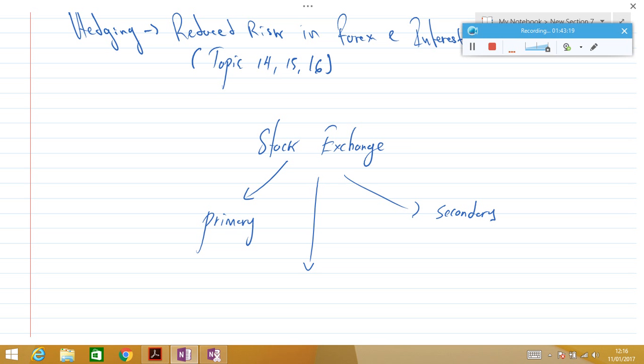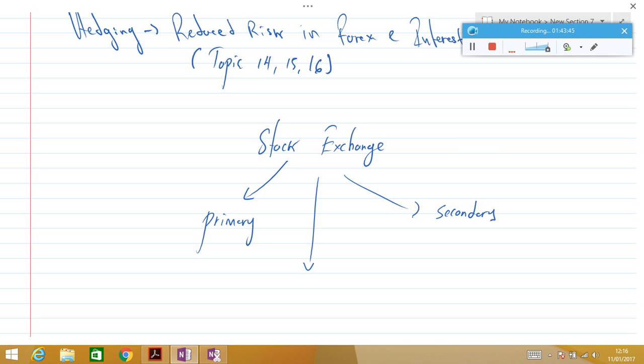Listed means when you go into the stock exchange. Like Asia, when they start their business, they start as a Sendirian, then they become Berhad, then they are listed. When they are listed, they never jump straight into secondary. They cannot. They must go primary first.